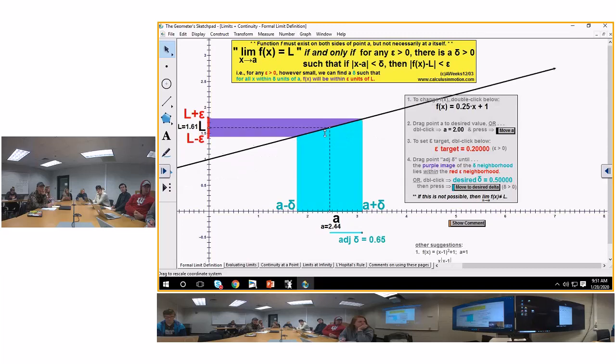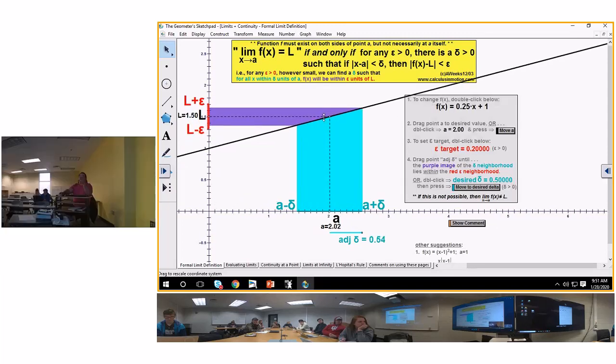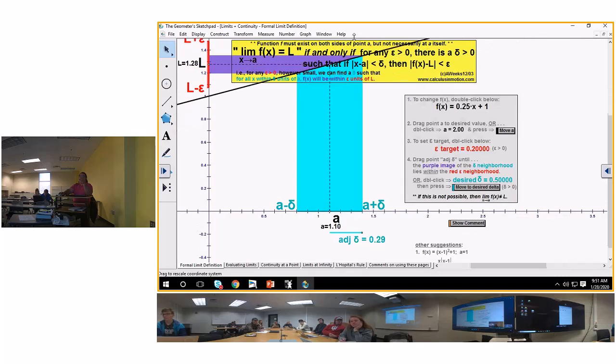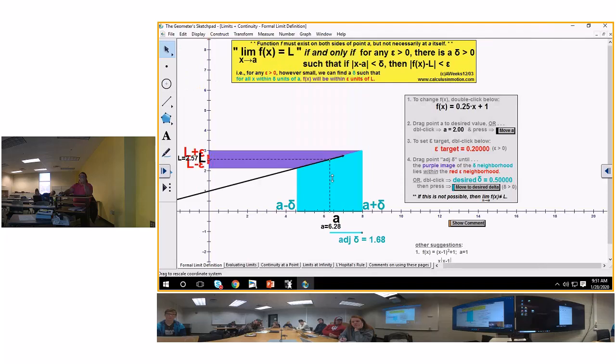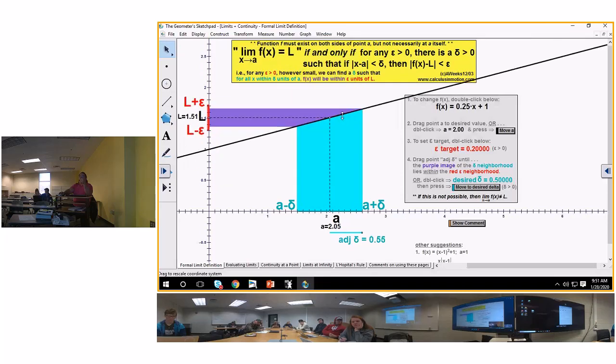When you're approaching 2, your y is approaching 1.5. When you're approaching 1, your y is approaching 1.25. Now, that's if you're coming from the left or the right.